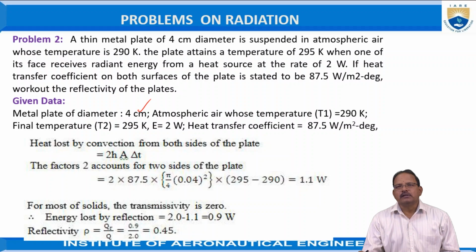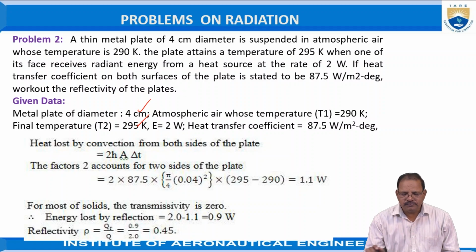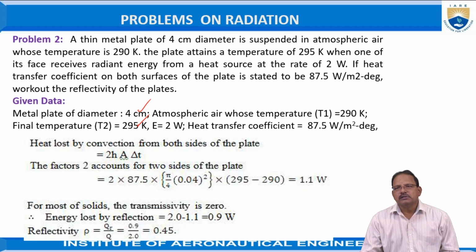The final temperature, after heating the plate, attains 295, which we call T2. The radiant energy received, E, is equal to 2 watts. The heat transfer coefficient is given as 87.5 watts per meter square per degree Kelvin.